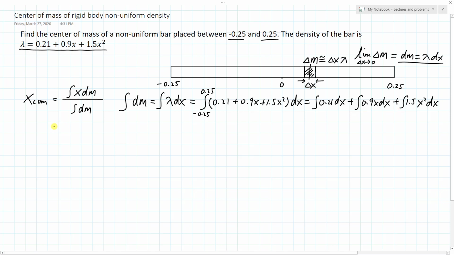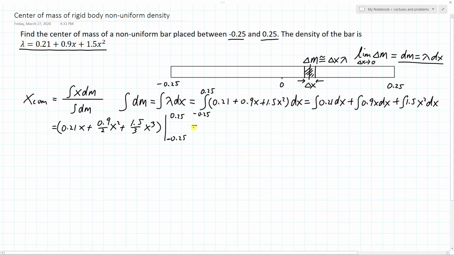So the next line we have the result of each integral, 0.21x plus 0.9 over 2 x squared plus 1.5 x cubed over 3, and we evaluate this expression between minus 0.25 and plus 0.25.